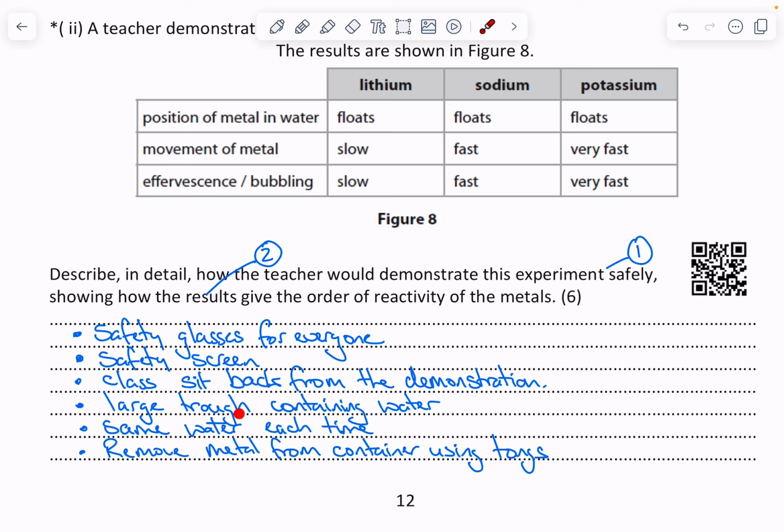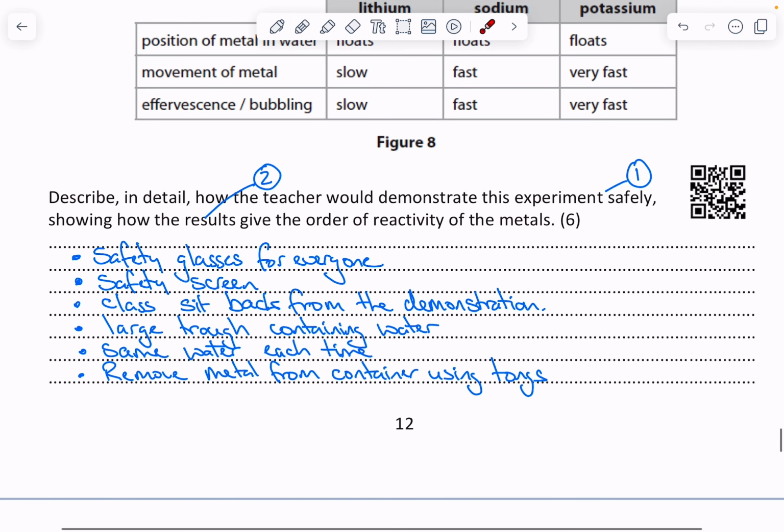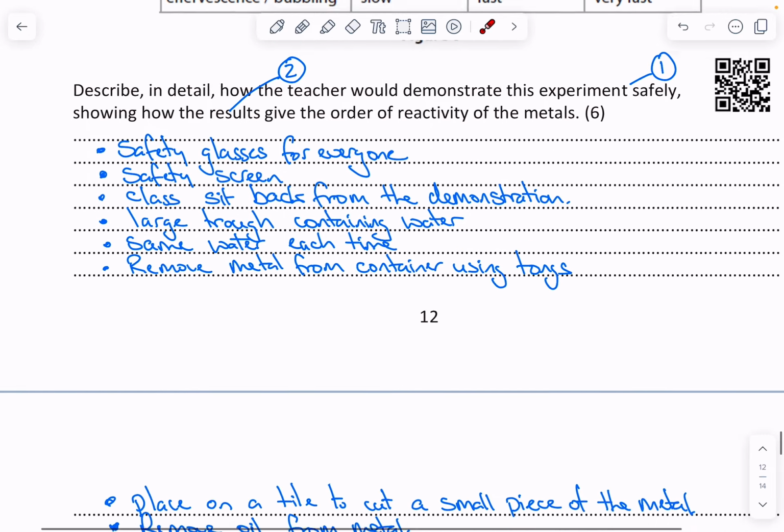There's a large trough, that's to allow any of the heat to be absorbed and just make it safe, and that contains the water. The same amount of water each time because we're going to do a comparison of the way these react. We take the metal out from our container using tongs or tweezers. We don't use our hands to do that.